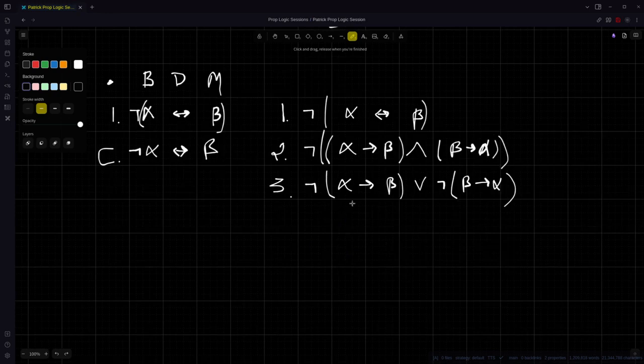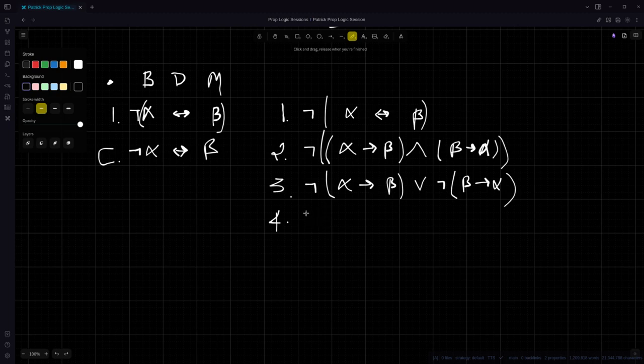And if I just expand this, what will I get? What do you mean by expand? So when is a conditional false? The conditional is false when the antecedent is true and the consequent is false.